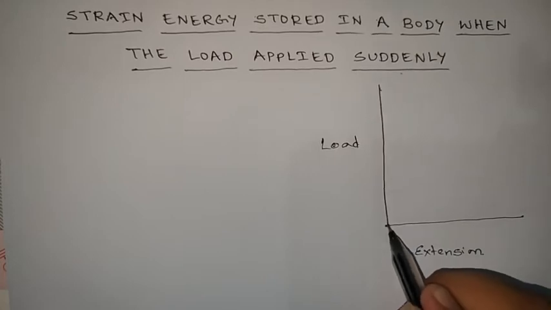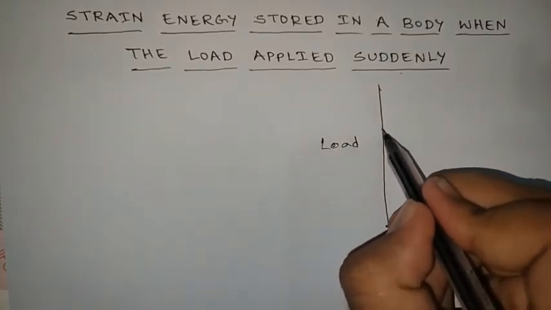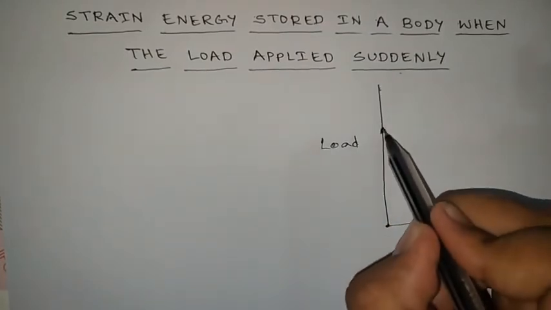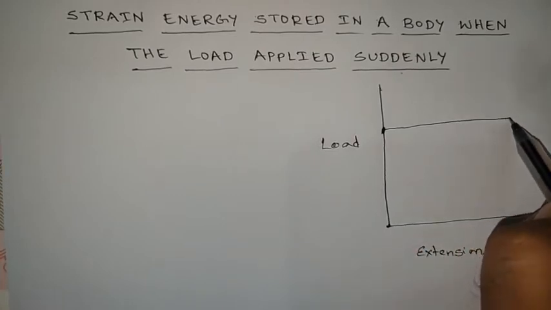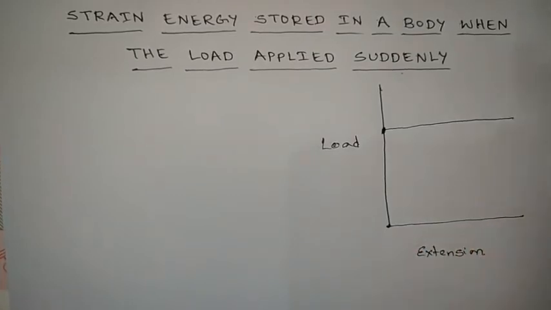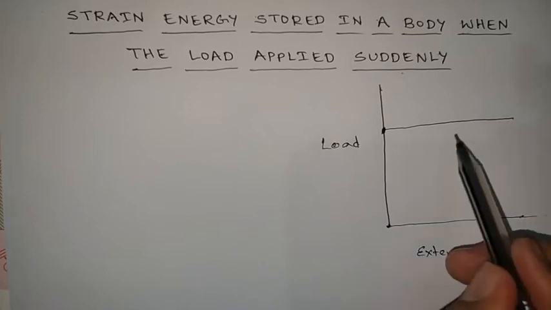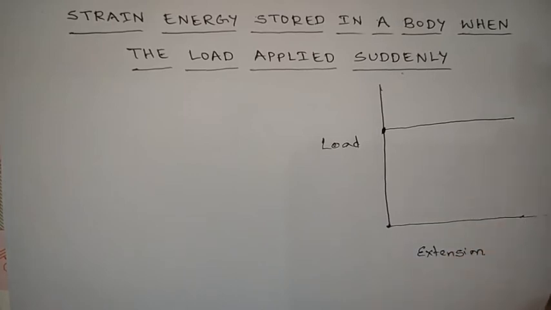So at this instant of time, if we apply the load, the load is induced in the body all of a sudden, right? And the same load continues throughout the process up to the elastic limit. So a constant load is going to be acting on the body when you apply it suddenly, and it will continue up to the elastic limit, right?